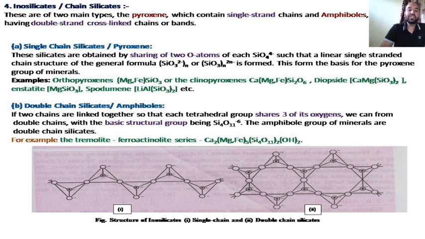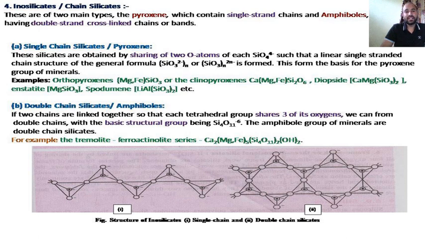If they involve the sharing of 2 corners or 2 oxygen atoms, they result in the formation of pyroxene, and these tetrahedral units are arranged in a linear or single-stranded fashion, forming a chain-like structure. Examples are orthopyroxene, diopside, spodumene, etc.